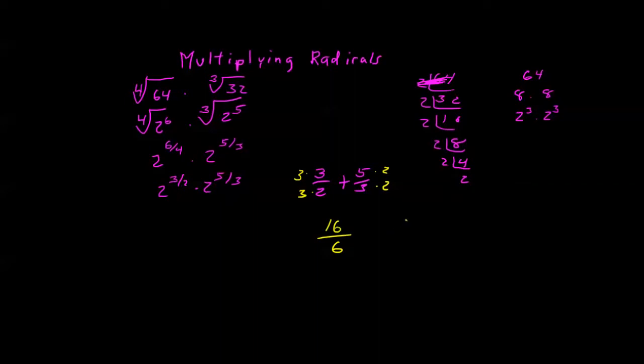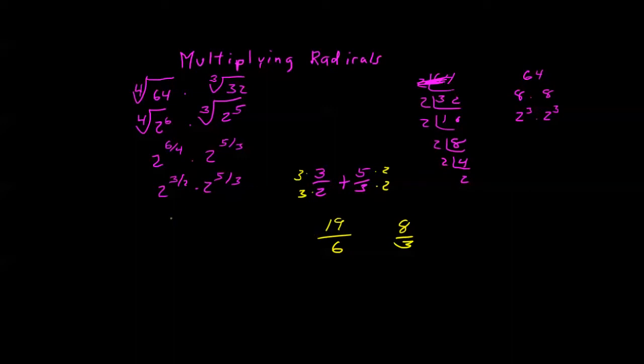And we have 8/3. I knew I made a mistake. 3 times 3 is 9. 9 plus 10 is 19, not 16. Wow. So we have 19/6.